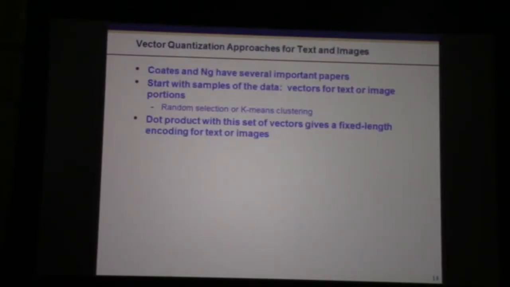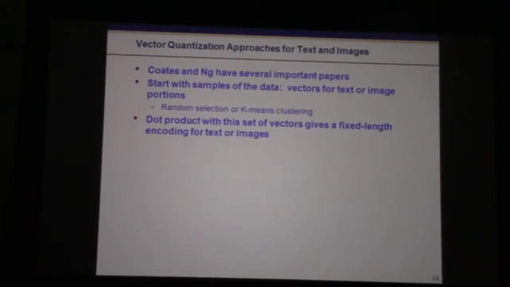So the basic idea that Coates and Ng have is to represent something. It's actually easier if I speak in terms of images. You can take little patches of the image and take a collection of those, and that becomes a coding dictionary, so that now if you have a new image, you take each member of the dictionary and look at it versus a patch in the new image, and you can get a similarity with that saved member of the coding dictionary.